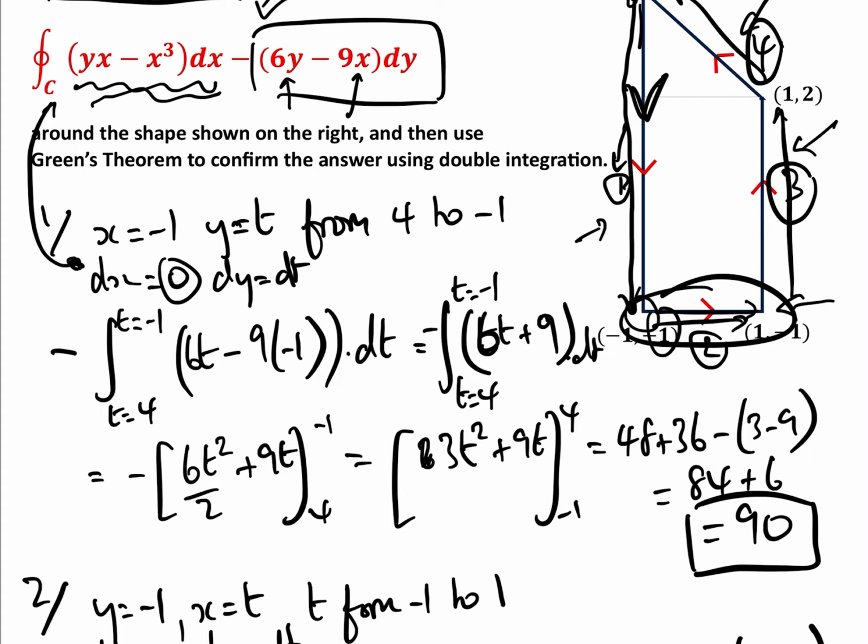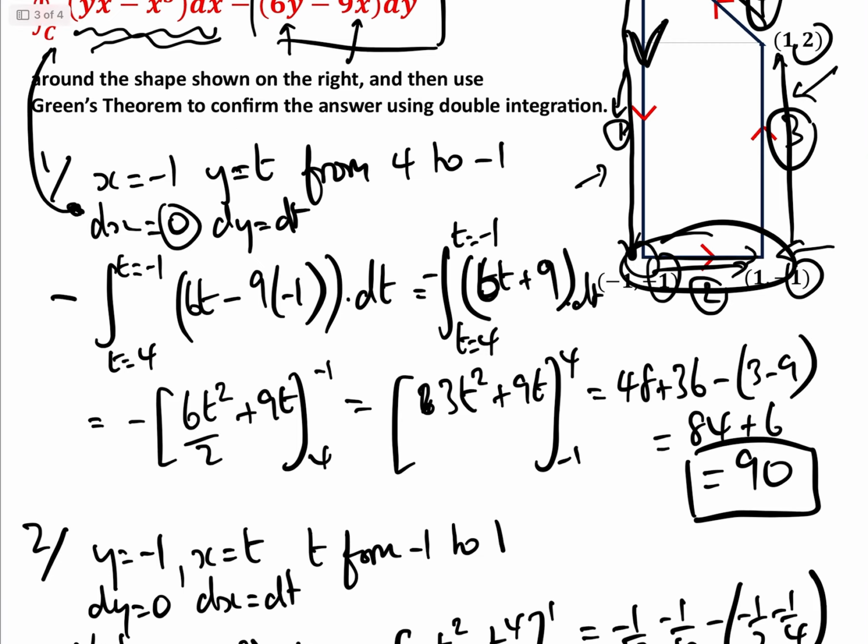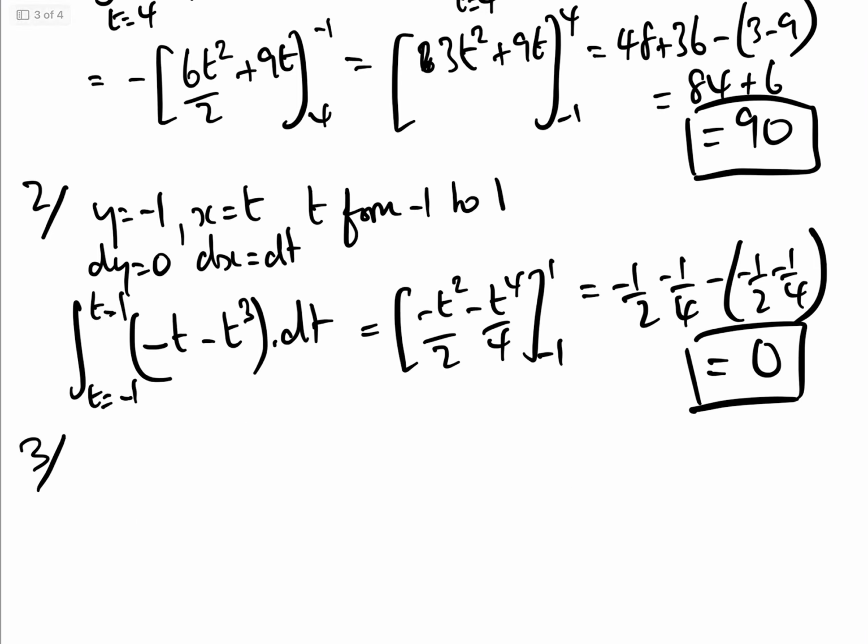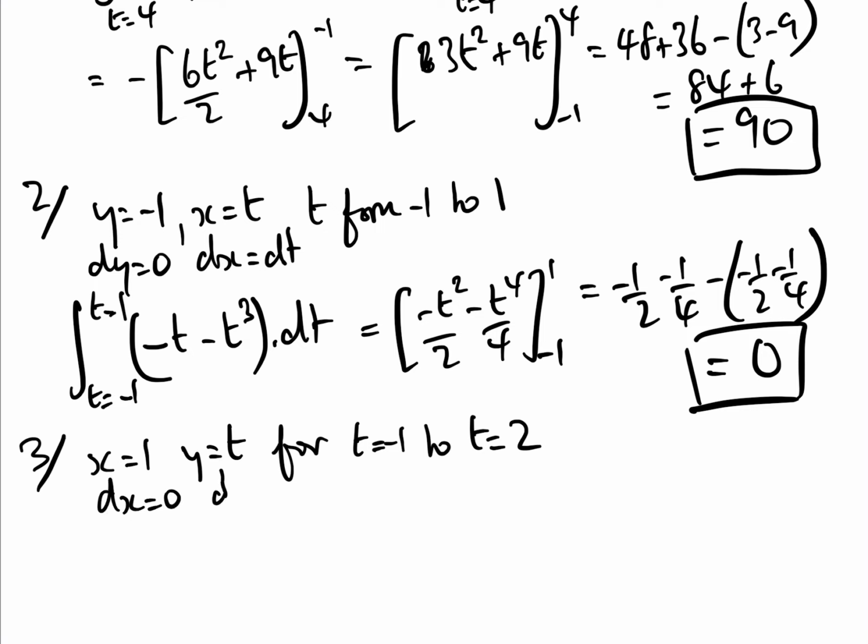Well, this time again, we have that x has the positive value of 1 all of the time. So basically we're looking at y going from minus 1 to 2. So let's have a look at the third integral here. x will be 1 all the time and y will be t for t equals minus 1 to t equals 2. So we have that dx equals 0 and dy equals dt.